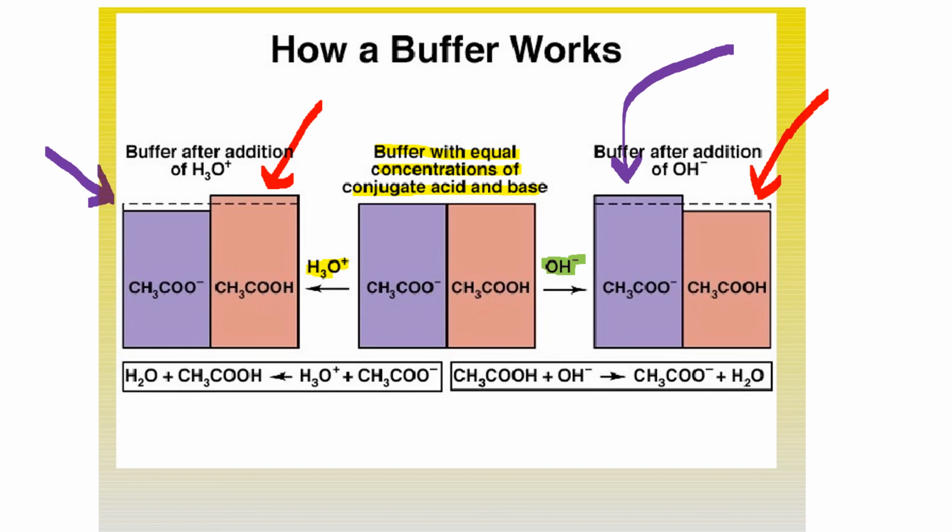So what you essentially did is the buffer, no matter if you're going left or right, was able to soak up that H+ or soak up that OH- to take that addition of H+ or OH- out of the solution to help moderate the pH and keep the pH very, very steady. So the pH would only change a small amount because the buffer dealt with that addition of H+ or OH-, with the weak acid absorbing the hydroxide ion or the weak base absorbing the H+ ion.